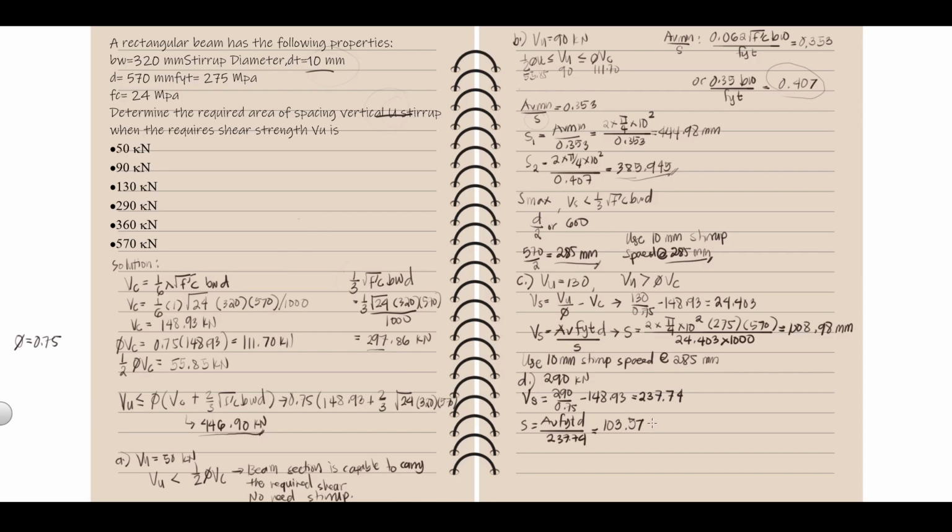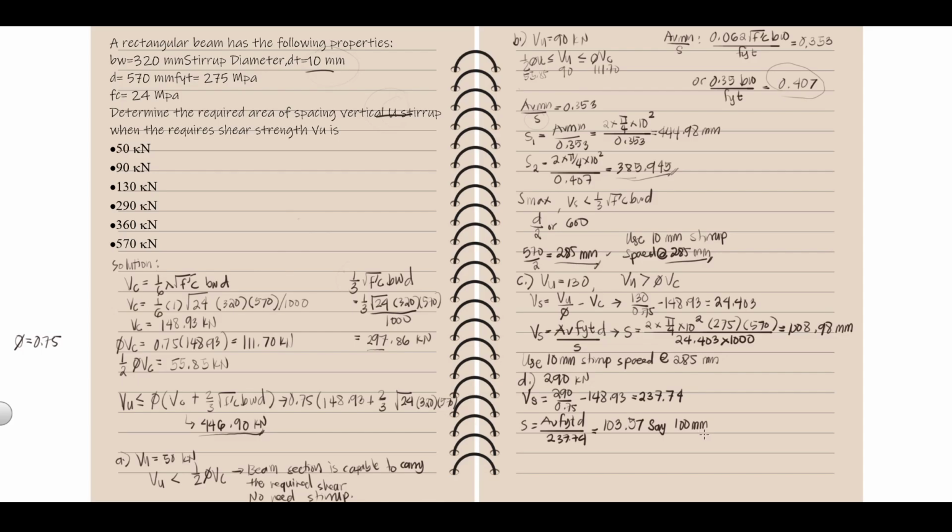Okay? So, let's say 100 mm. Yan. So, let's say 100 mm. So, compare natin sa S-max. Okay? So, ang S-max na gagamitin natin, the value is ito pa rin. Yung 285 kasi nga our VS is less than this value, 297. So, ang S-max natin is 285. So, we're going to use, ano gagamitin natin?